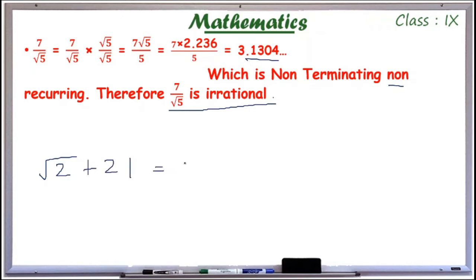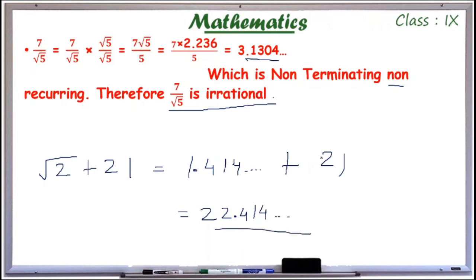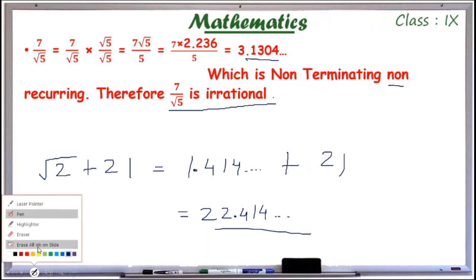The value of root 2 is 1.414 etc. plus 21, which will be equal to 22.414 etc. So this answer is also non-terminating, non-recurring. Therefore root 2 plus 21 is also an irrational number.